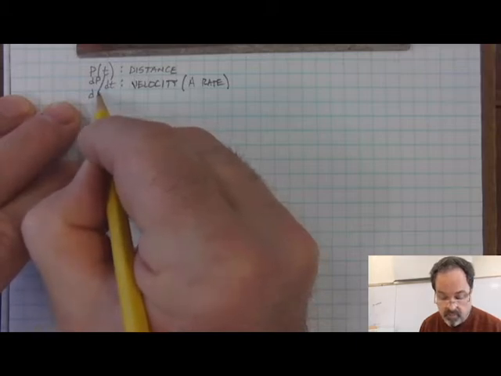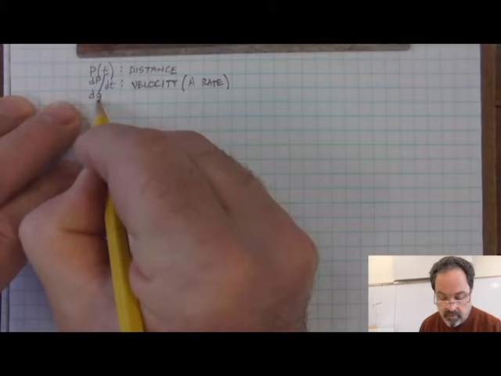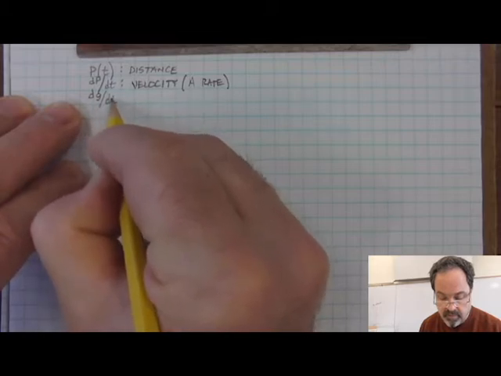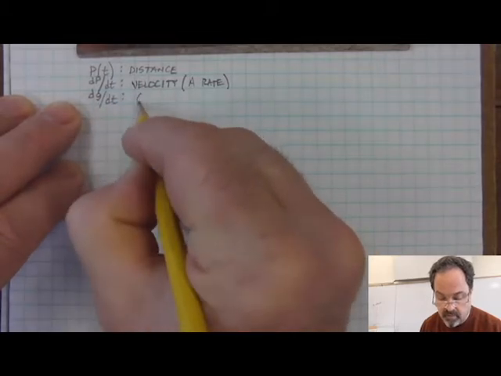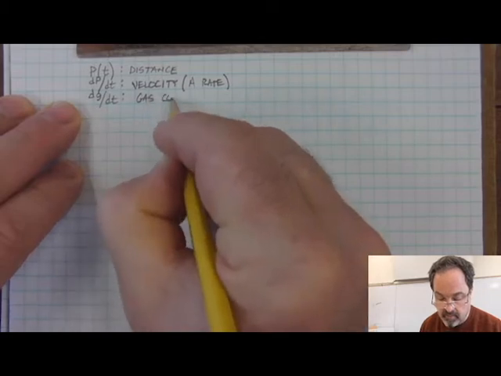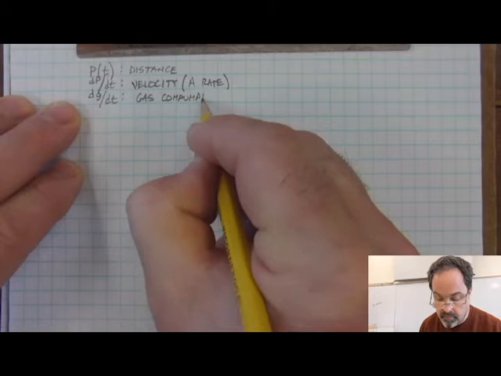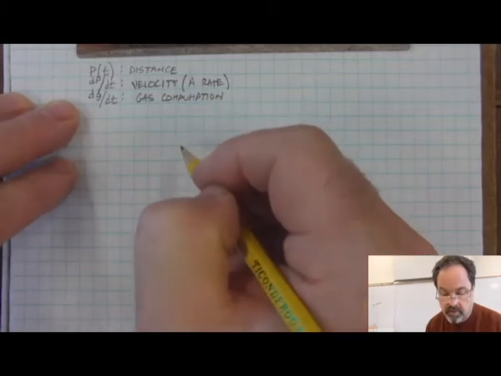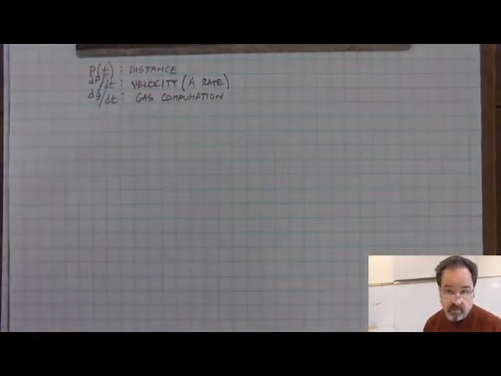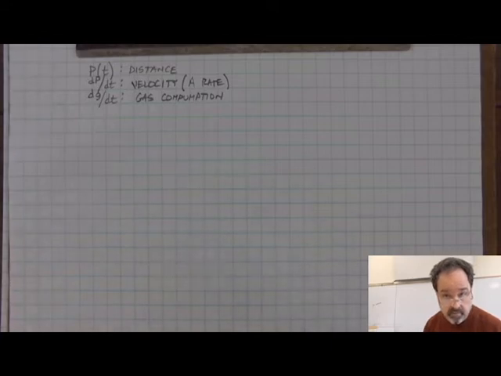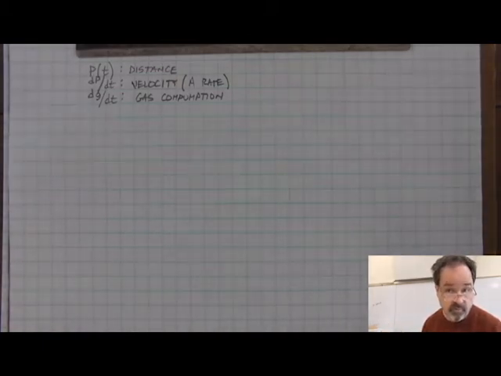The derivative of, let's say, g with respect to t is the gas consumption of the car. The rate at which the gasoline is being depleted to produce the energy that's necessary to change the position and therefore get a rate of change, which is velocity.